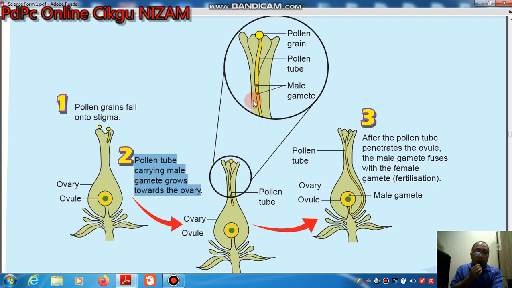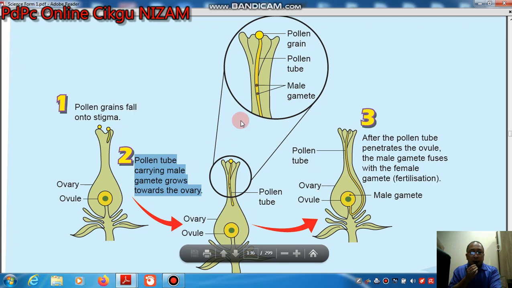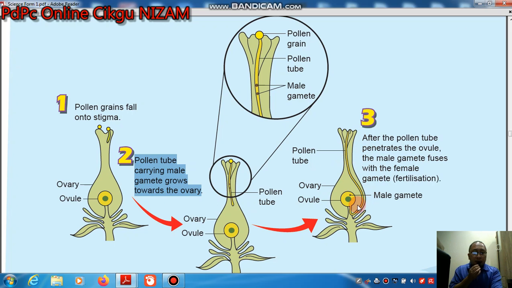Through the growth of the pollen tube through the style, the male gamete inside the pollen grain will be brought along until it meets the ovule.